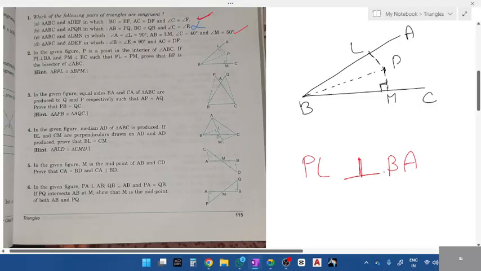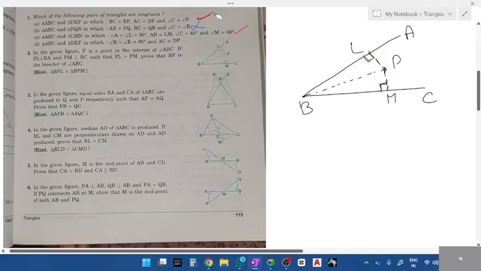So PL is perpendicular to BA. What's the angle formed at L? Look where P and L are connecting. What's the angle formed? 90 degrees, right? Yeah, 90 degrees.